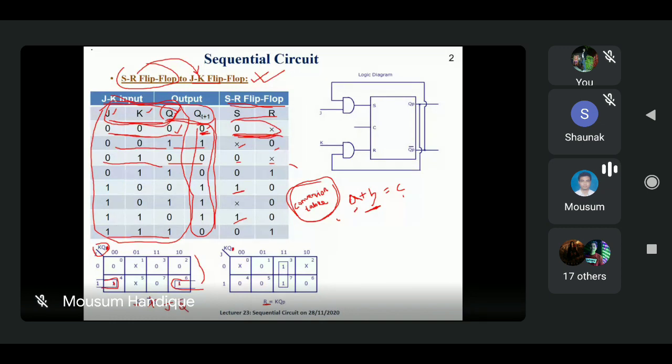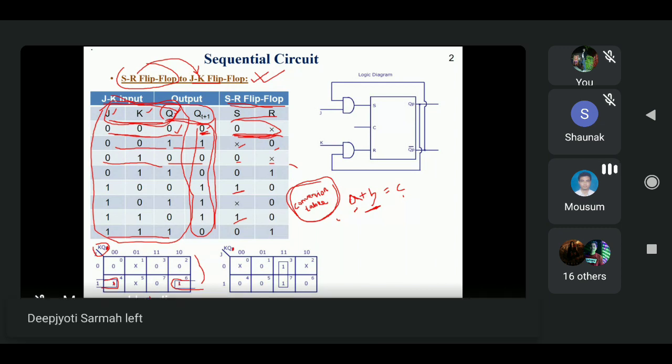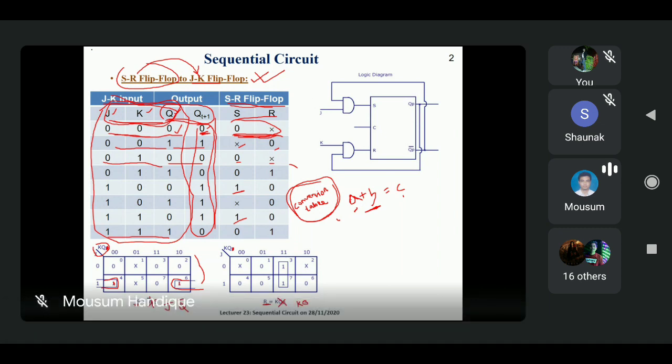Similarly, when we are constructing the K-map for R, we are getting K Q. You don't use QP here, because instead of QP we are using Q. So here I am writing K Q.